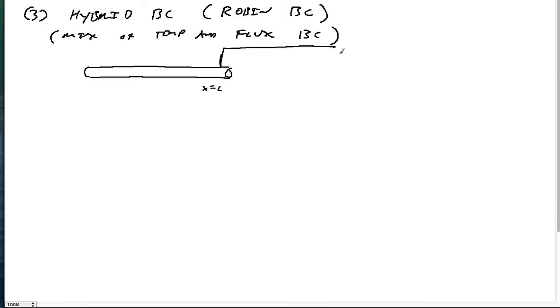We have a large heat reservoir just like before, and we have a temperature at this end. But let's say now that the temperature in this large heat reservoir isn't so large, that we have some more complicated dynamics going on. So let's say that there is some flux. Let's say we can think of this as very hot, just to make a concrete example, and this is very cold outside.